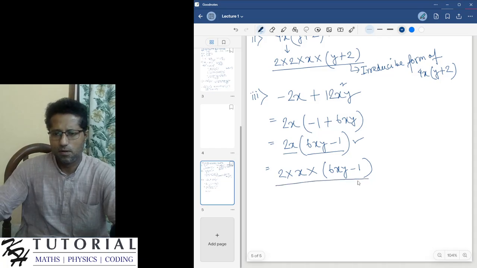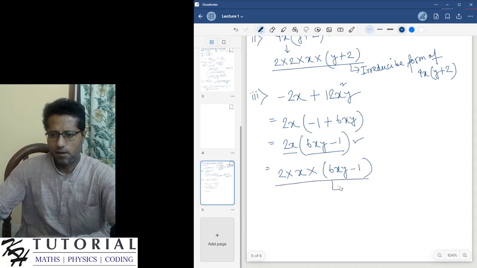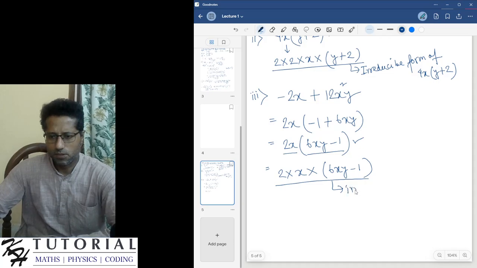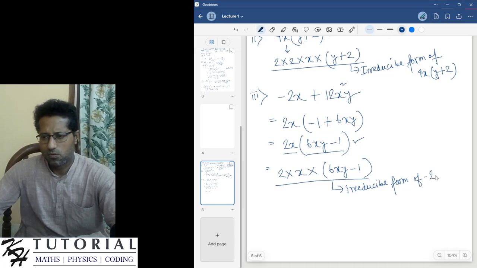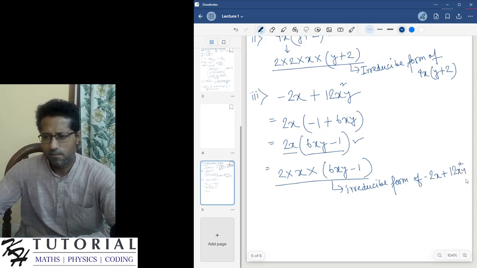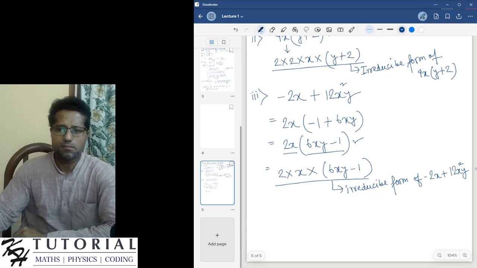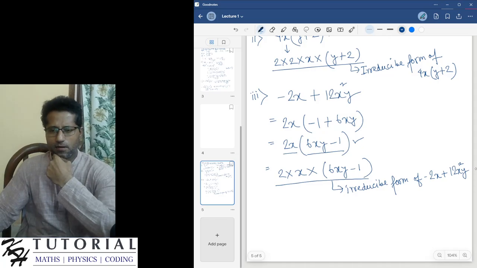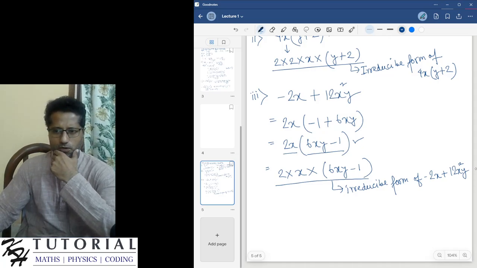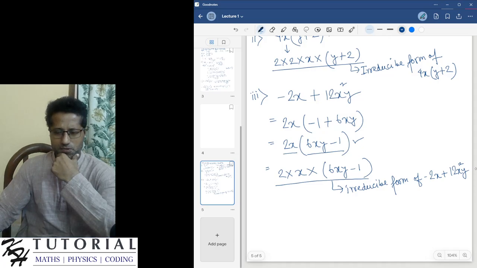Now this whole is in irreducible form. This is the irreducible form of minus 2x plus 12x square y. I hope by now you have got the idea, the concept, of what is meant by an algebraic expression in irreducible form.